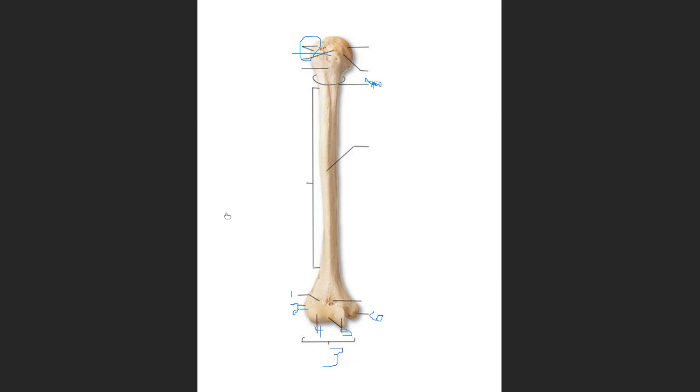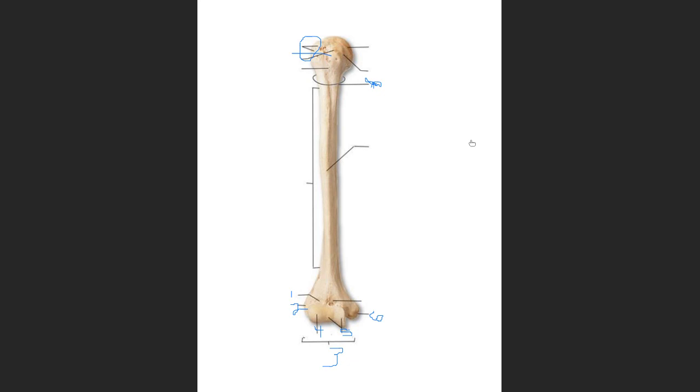Number four is the capitulum. Correct. Number five is the trochlea. One more and then you're good. And number six is the medial epicondyle. Correct. Awesome. I was doing the numbering. Thank you, whoever did that. That was me.